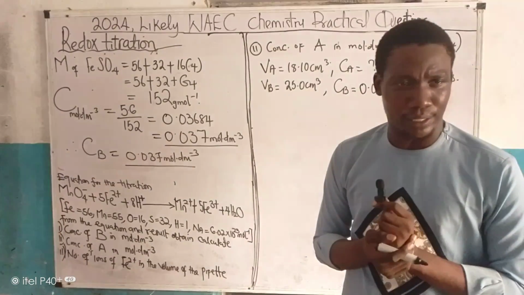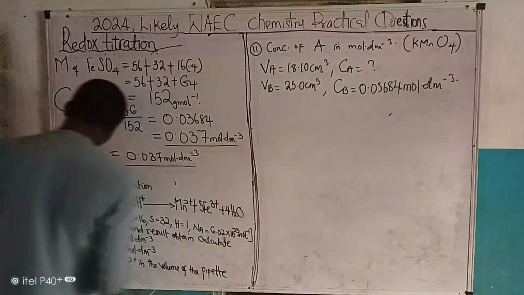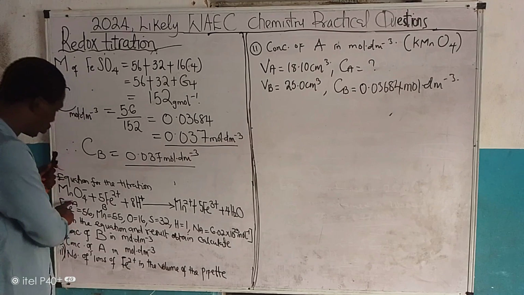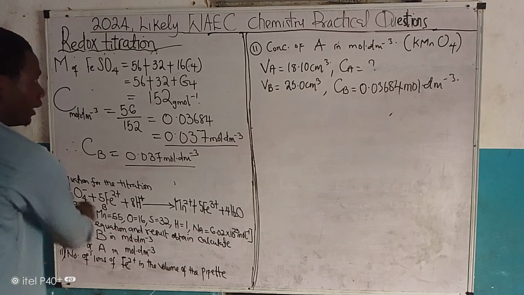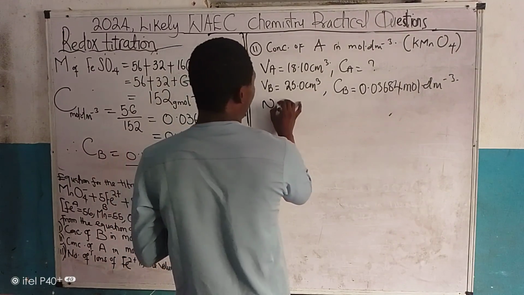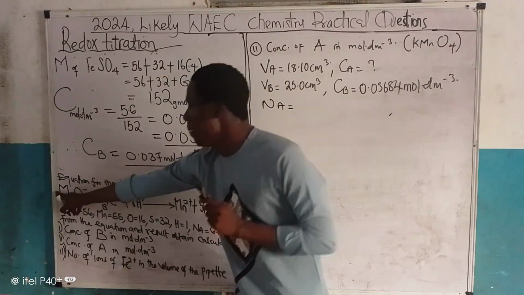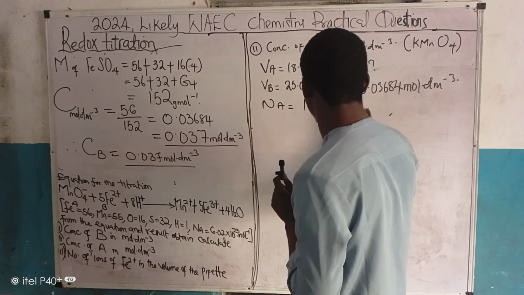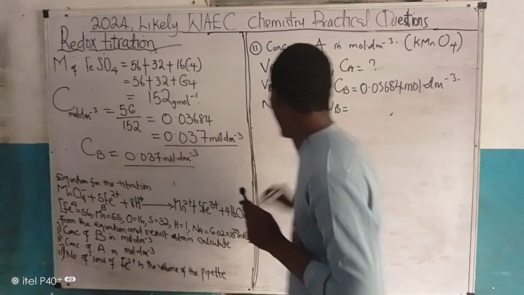Now, that's so interesting. Remember that from the equation given, this is A and this is B. So what is the number of moles of A? How many moles do we have here? It is 1. The number of moles of B is equal to 5.